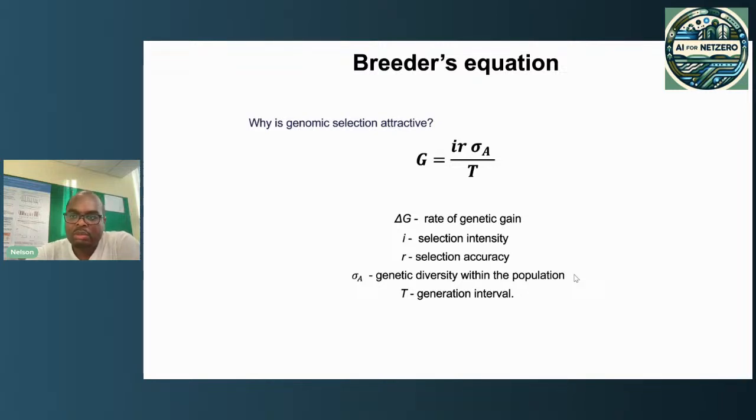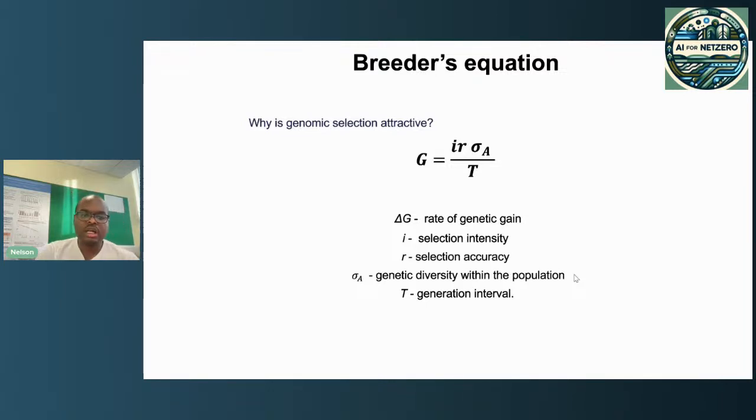The equation has the intensity of selection, which is i; r, the selection accuracy, which in this case is the model that we use; and the genetic diversity in the population, divided by t, which is time. What we're interested in is to increase the selection intensity, the selection accuracy and the genetic diversity in the population, and reduce the cycle time.